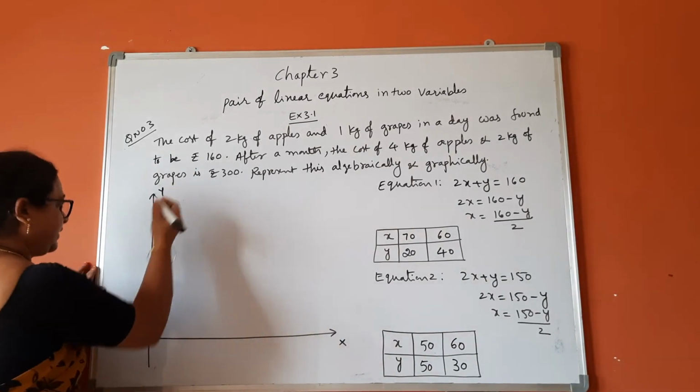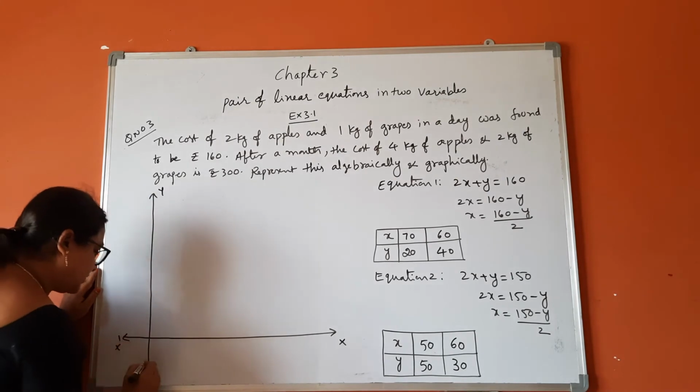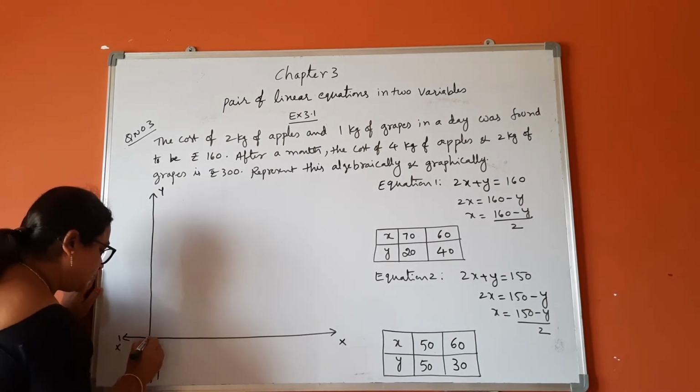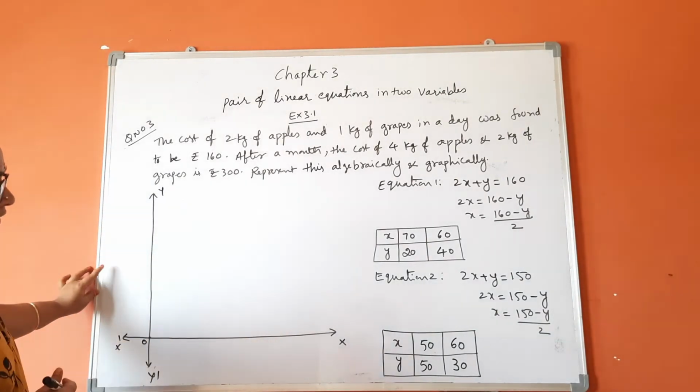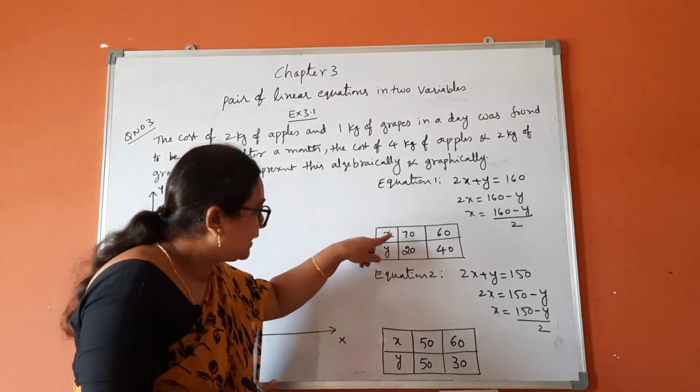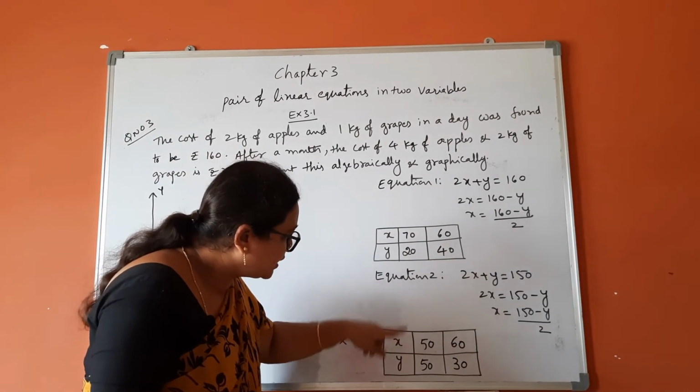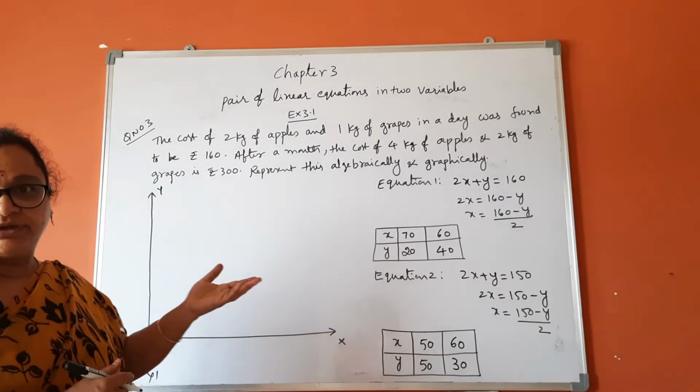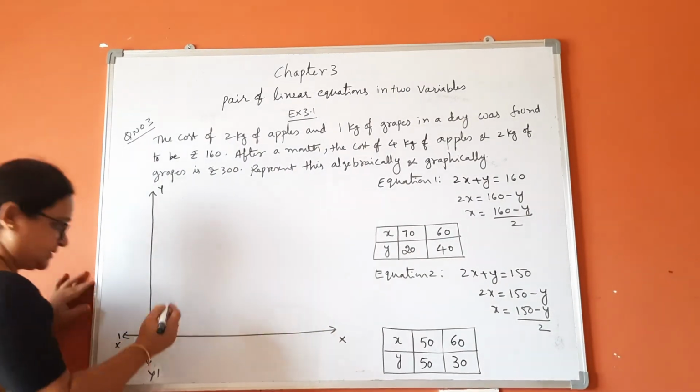X, y, x dash, y dash, origin. If you see x coordinate and y coordinate in both the cases, they are multiples of 10. So we will take one unit as 10.